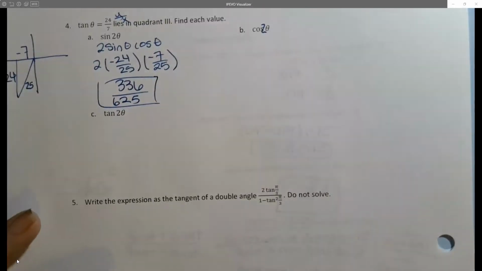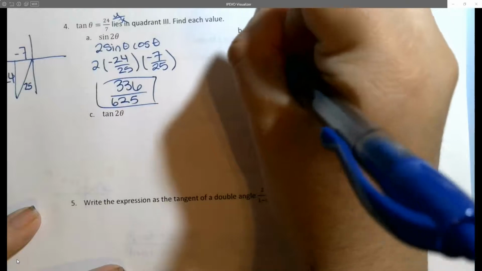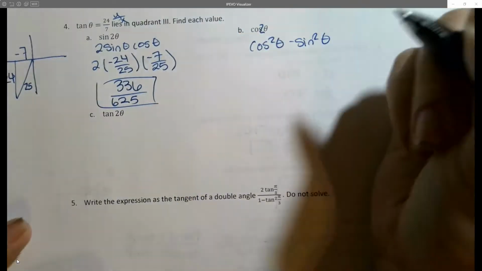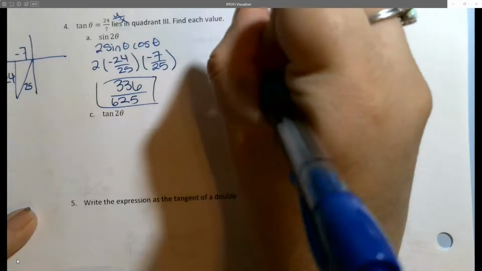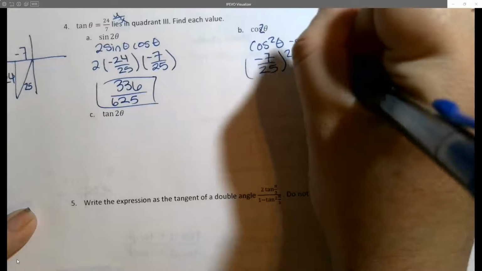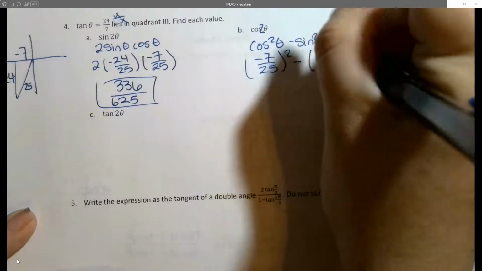My cosine double angle formula is cosine squared minus sine squared. So I know from the last problem that cosine was negative 7 over 25. And I know sine is negative 24 over 25.